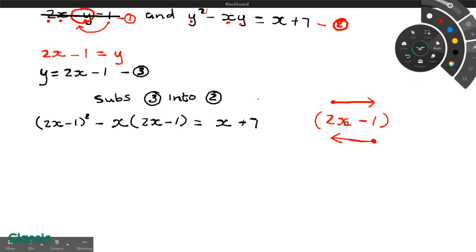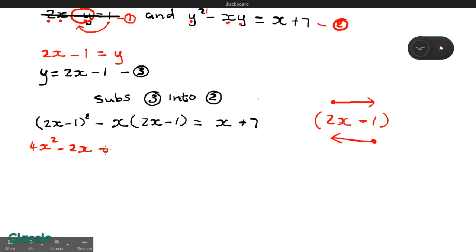We start here. 2x multiplied by 2x is 4x squared. 2x multiplied by negative 1 is negative 2x. We start again. Negative 1 multiplied by negative 1 is positive 1. Negative 1 multiplied by 2x, negative 2x. You are done.